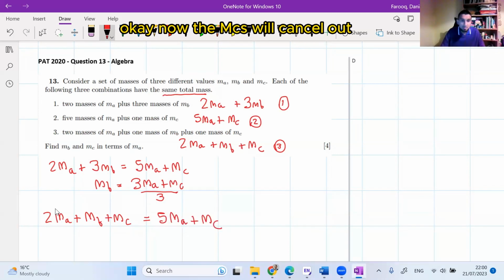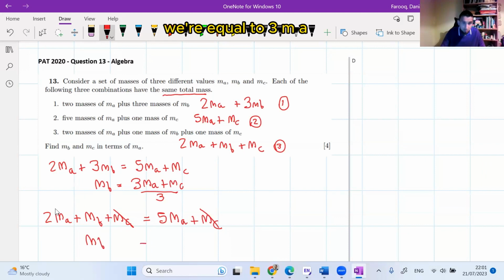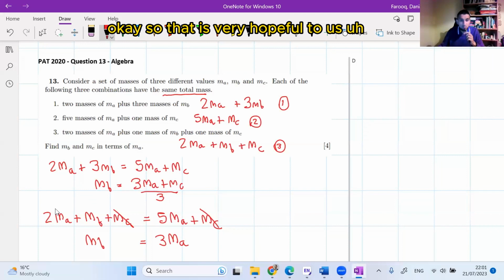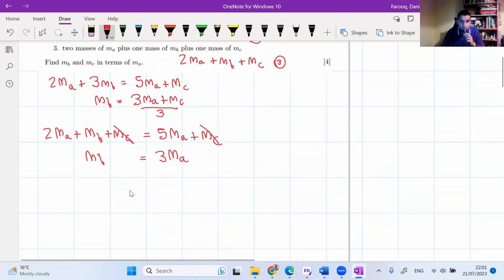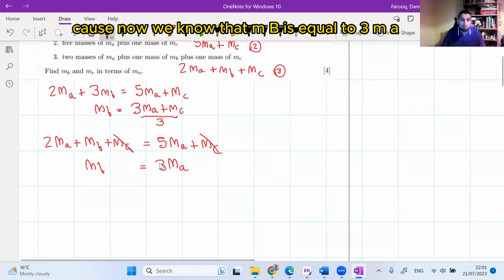Now the Mcs will cancel out, so straight away we get that Mb will equal 3Ma. That is very helpful to us because now we know that Mb is equal to 3Ma.